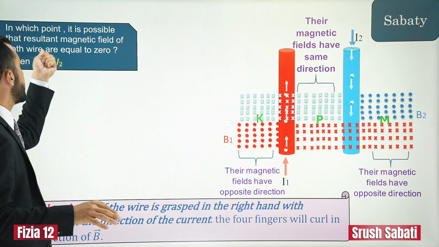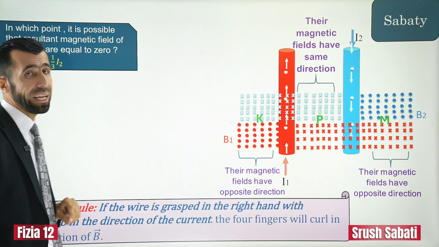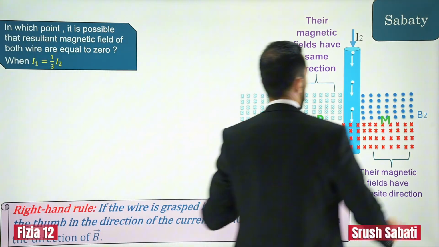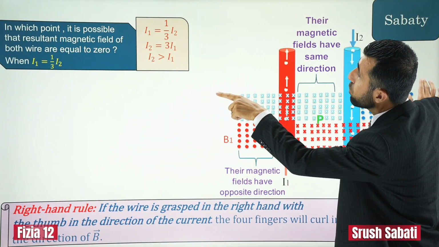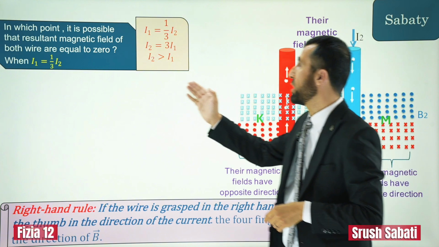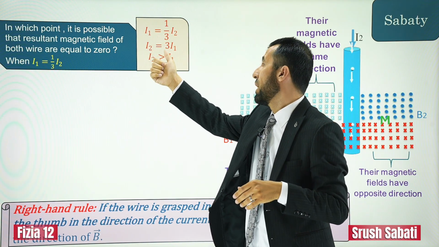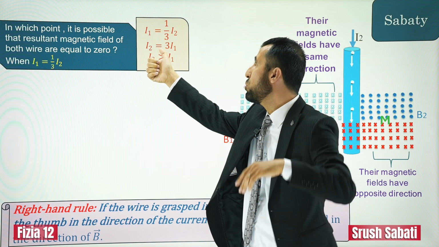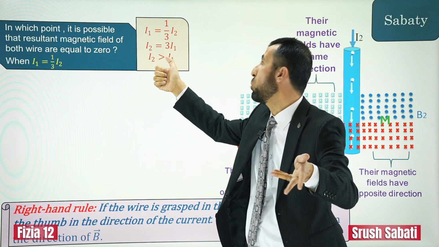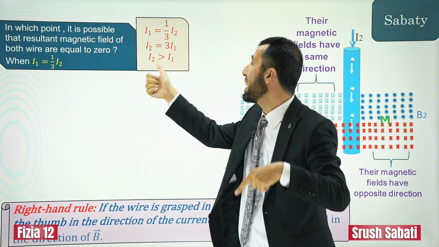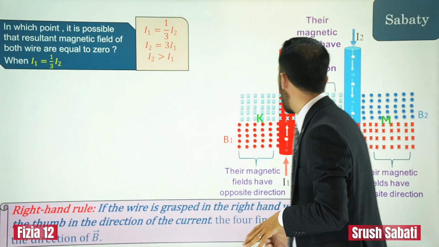When I1 equals 1/3 of I2, it means that when you do cross multiplication like this, I2 equals 3 times I1. So you know that I2 is greater than I1.